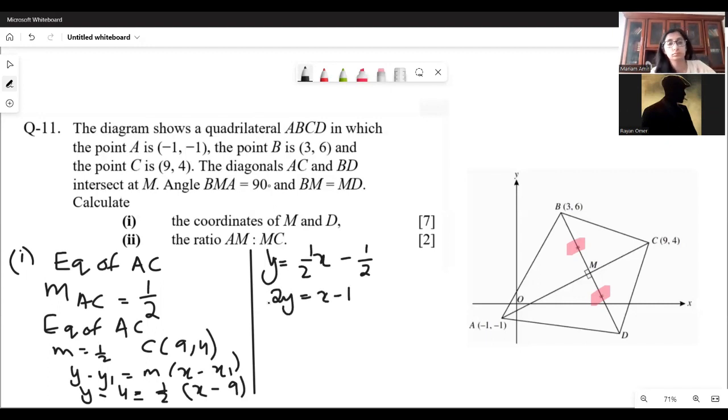Miss, y is equal to x minus 1 over 2. So take 2 to the other side so that it becomes 2y equals x minus 1. Okay, let's call it equation 1.